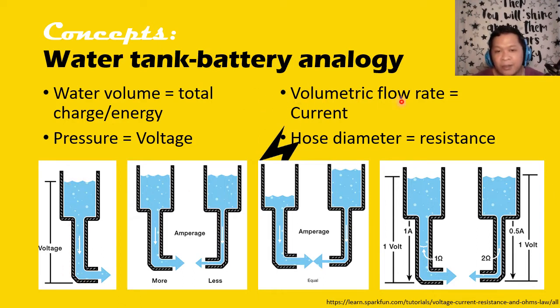The volumetric flow rate given by the cross section of the pipe outlet is equivalent to the current. So higher current allows parang mas malaking butas siya for water to pass through.